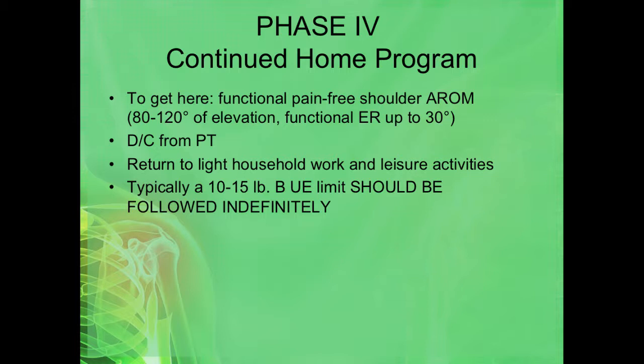But really, you're going to be telling your patients that we don't want them holding more than 10 to 15 pounds with both upper extremities pretty much for the rest of their lives. I don't think I've ever heard anyone say a specific amount of time, but this procedure is usually done in the older population, and we don't want them lifting more than 10 to 15 pounds with both hands.